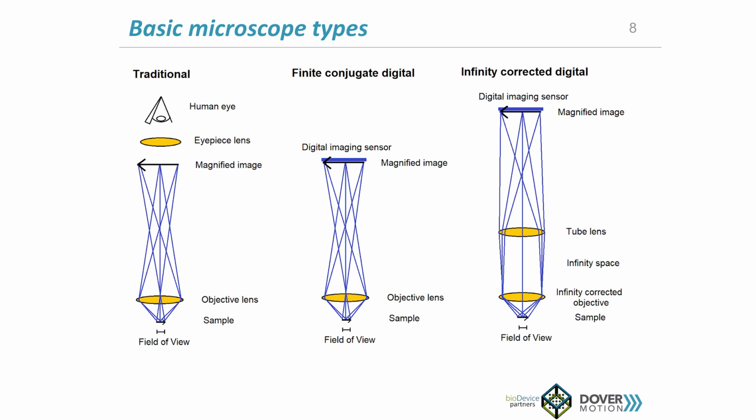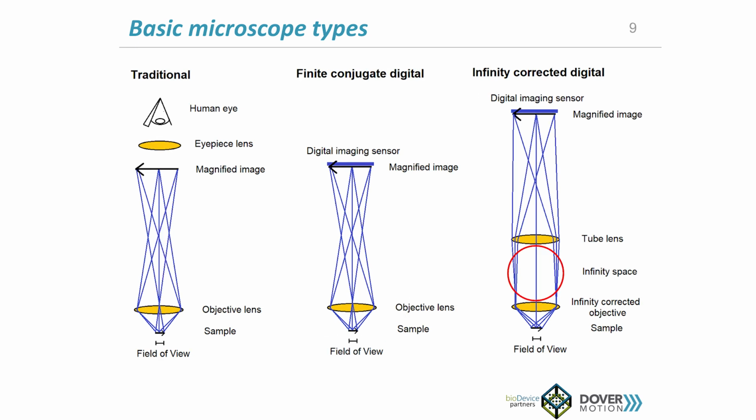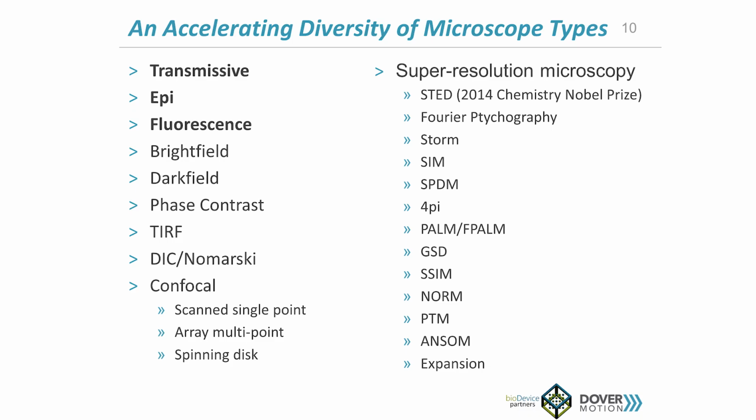Almost all modern microscopes use what's called an infinity-corrected objective, which forms an area in the middle of the microscope where the rays are parallel or focused at infinity, and then refocused using the tube lens onto the digital imaging sensor. That infinity space allows you to insert optics that would be important for fluorescence microscopy, for example, filters or dichroic mirrors. There's a huge diversity of microscopes. For today's webinar, we're going to focus on transmissive, epi-illuminated, and epi-collected, and fluorescence-based microscopy systems.